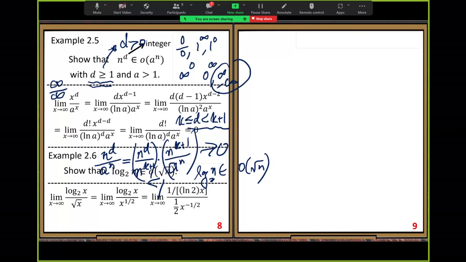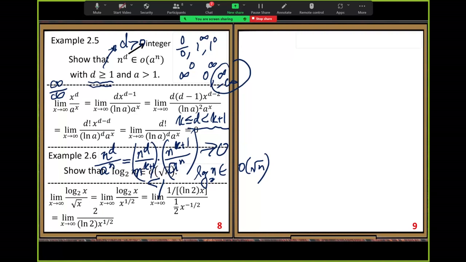Let's take the derivative, two formulas. Then cancellation and simplification. After cancellation and simplification, you get this expression: numerator 2, denominator natural log of 2 times x to the 1/2.